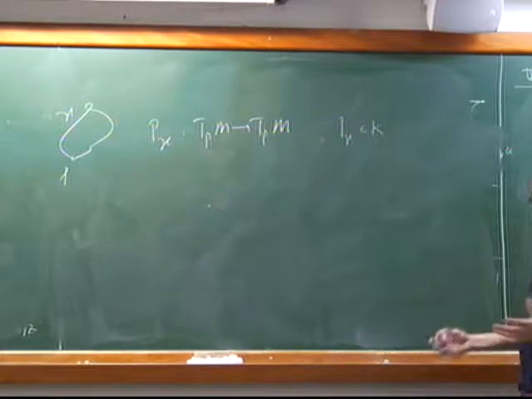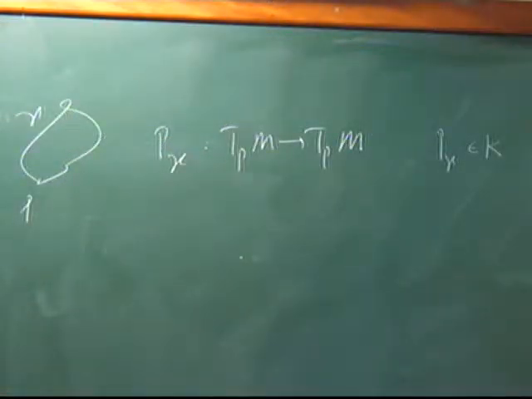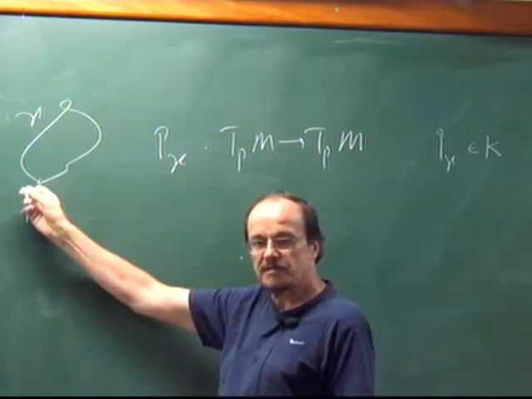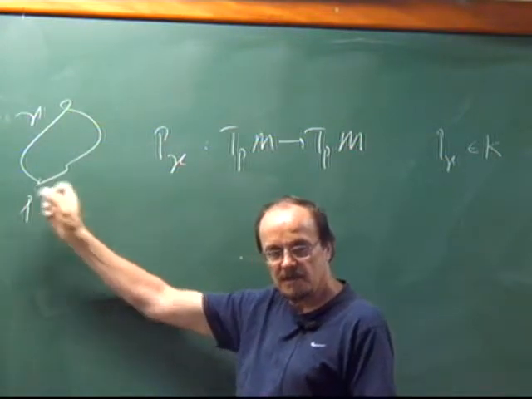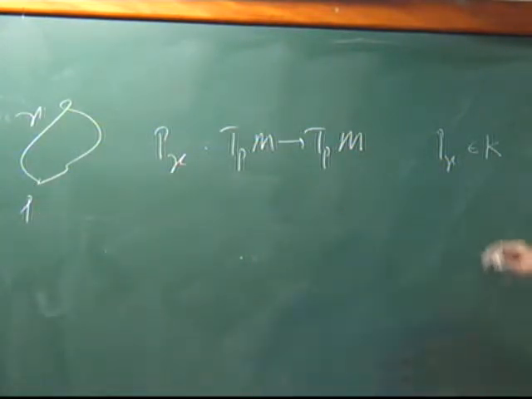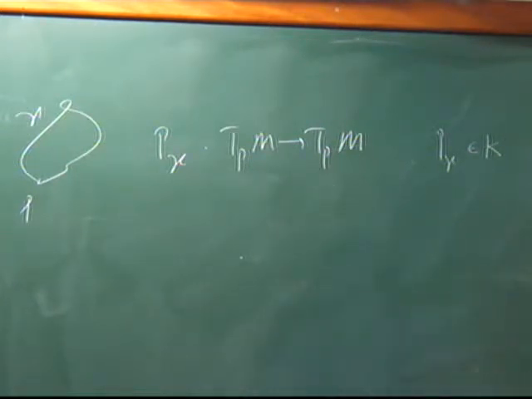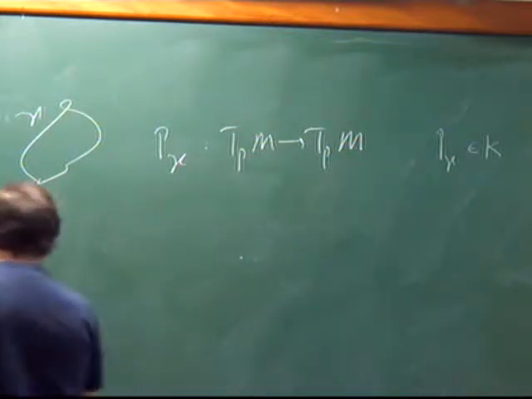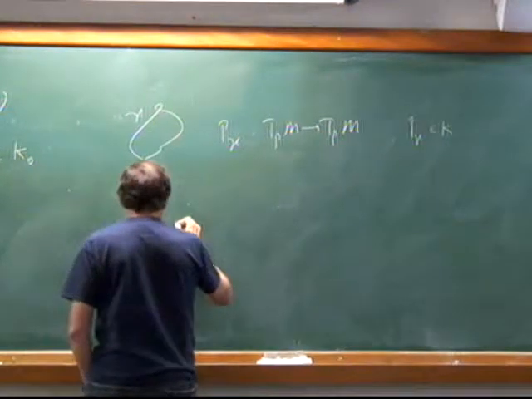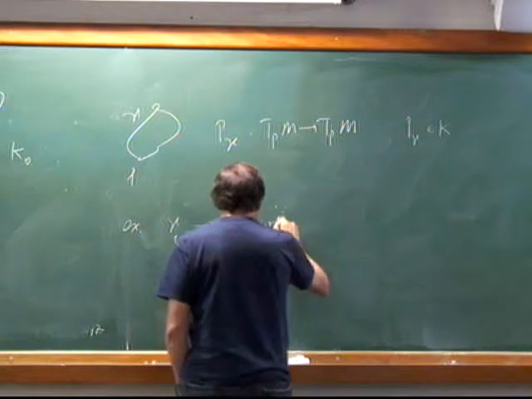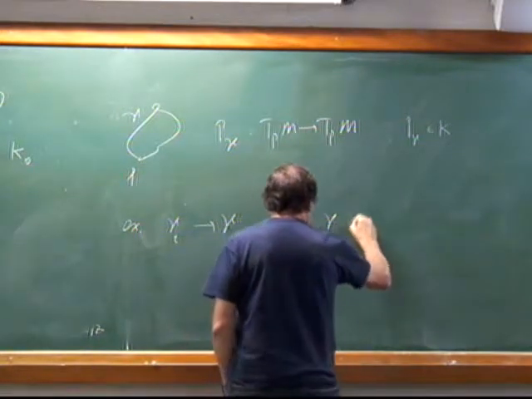I have to know there's some isometry of the whole manifold which fixes the base point. Right now we just have an isometry of T_PM which comes from a single path. It's not defined at other points. So that's kind of surprising, in fact, that I can extend this isometry to the whole manifold. So how do I do that? I do it as follows. I claim there exists a sequence gamma_i converging towards gamma, where gamma_i are piecewise geodesics.